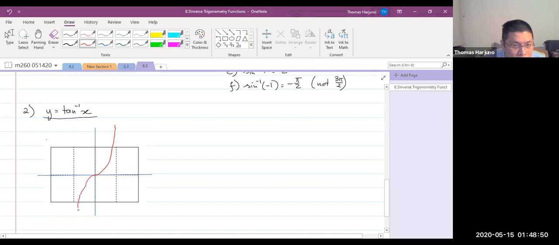So it looks approximately like this. They restrict that to be between negative pi over 2 up to pi over 2.